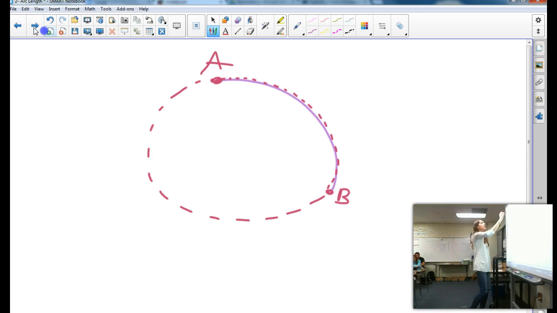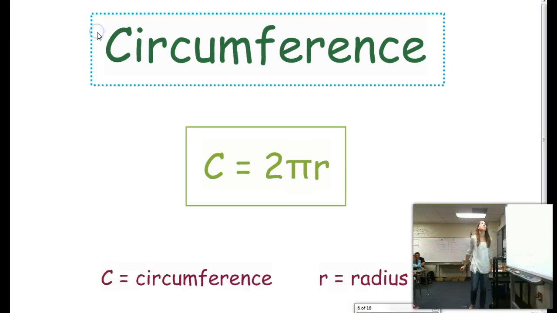Very good. In order to do that, we're going to have to remind ourselves what circumference is. So write down the formula just to remember. 2 pi r, or what's the other one? Pi d. 2 pi r or pi d. We're not talking area, we're talking circumference.